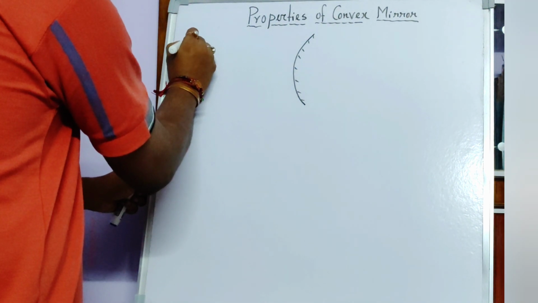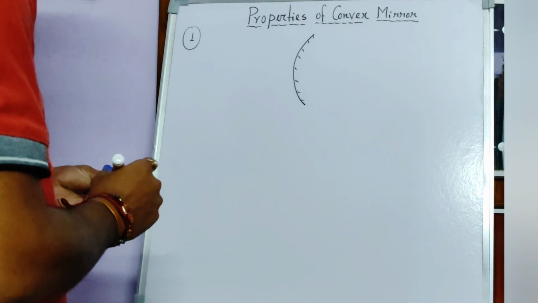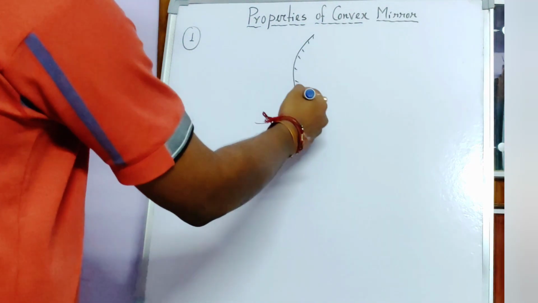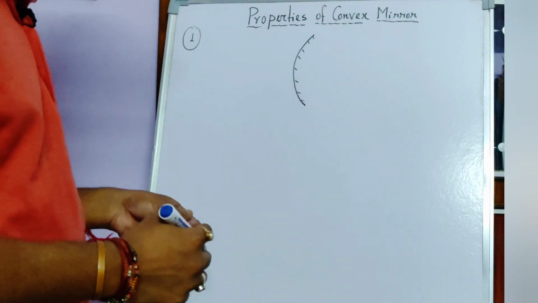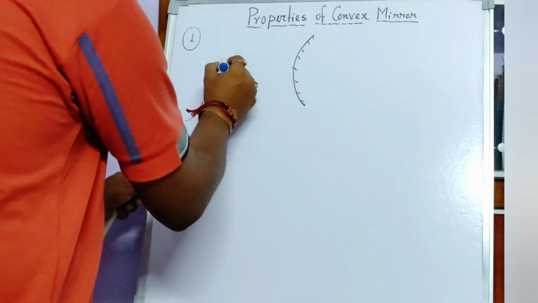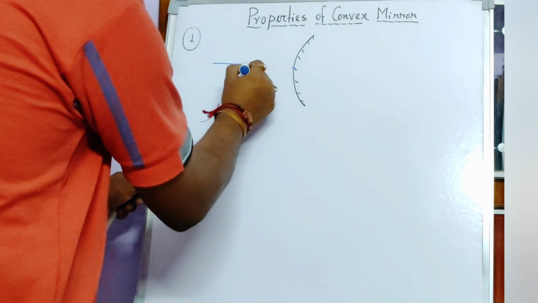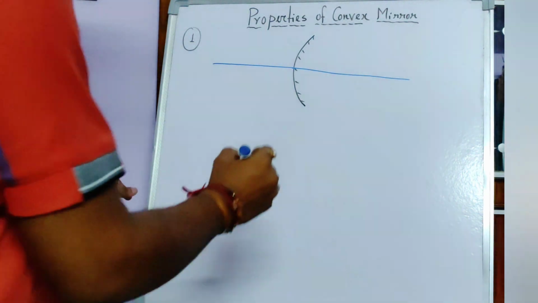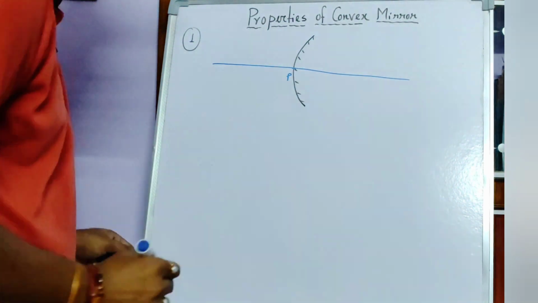So the first property in case of convex mirror is that, first of all let me show you one thing. This is called the aperture of the convex mirror and the midpoint of it is called the pole. Now you have to draw a horizontal line which must pass through the pole. So this is the pole P, right?